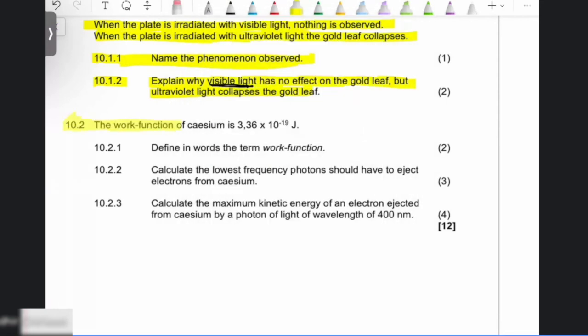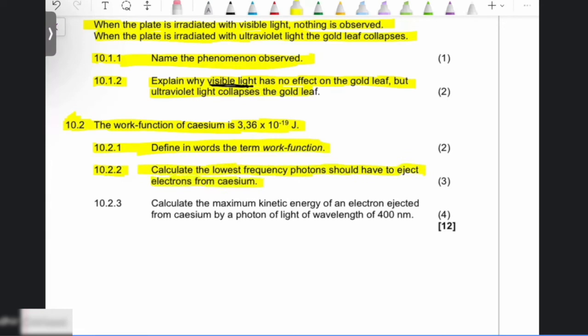Okay, 10.2, the work function of cesium is this here. So they've given us our work function. It says define the term work function. What is the work function? It's the minimum energy required to emit an electron from the surface of a metal. We know that. 10.2.2, calculate the lowest frequency photons should have to eject electrons from cesium.